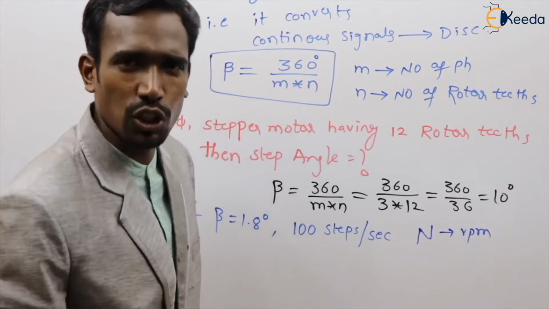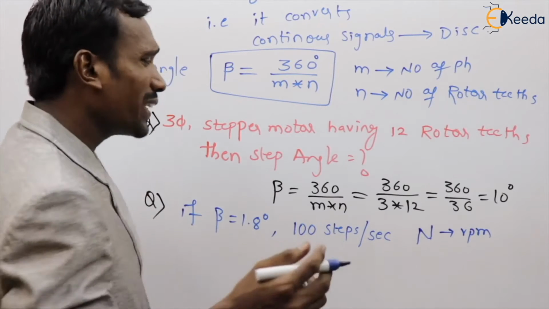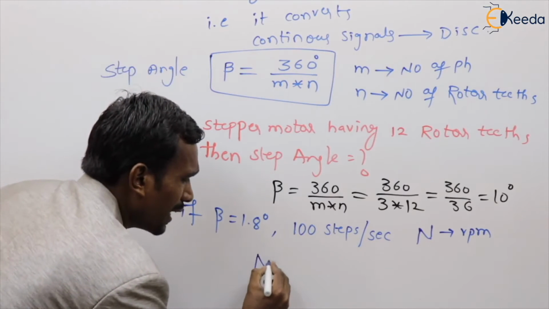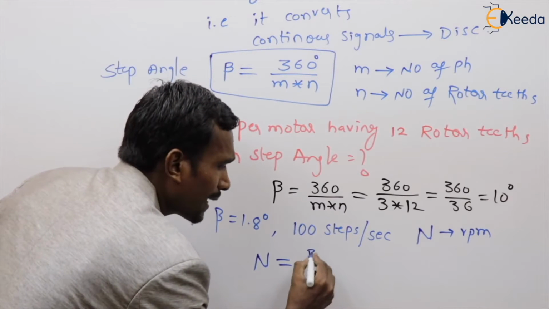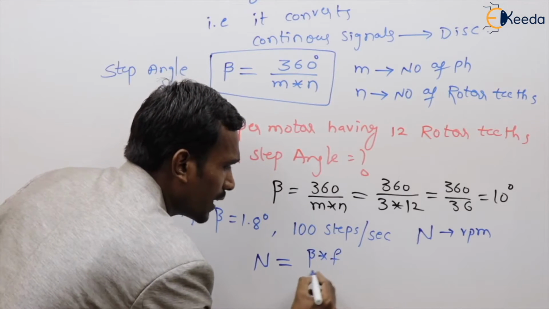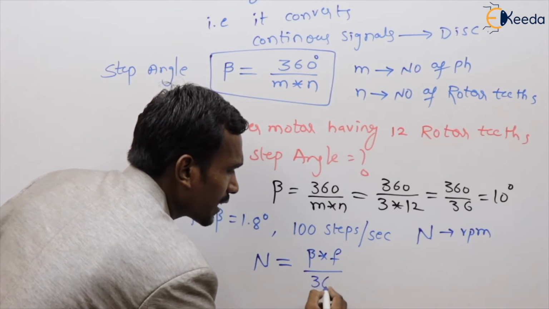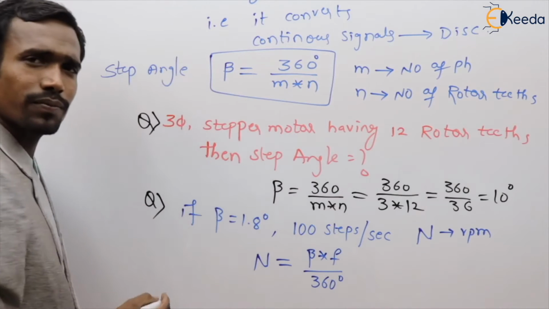The speed n is equal to step angle beta into frequency divided by 360 degrees.